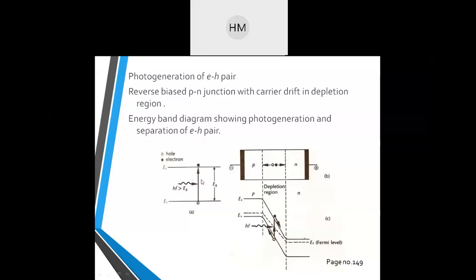This process leaves an empty hole in the valence band and is known as photogeneration of electron hole pair, which is very important in generating current in the device.